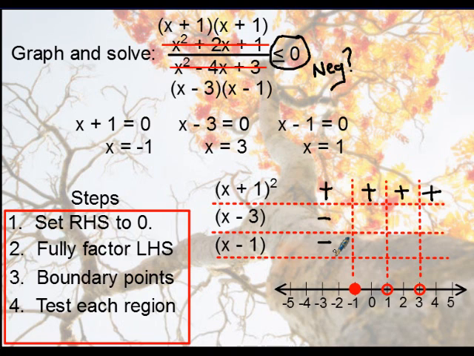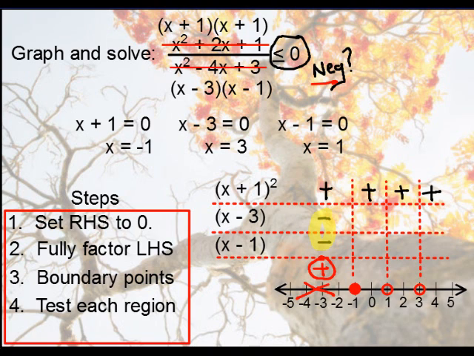Now consider, whether you're multiplying or dividing, the rules for signs are always the same. So if you have an even number of negatives, and we do here, the end result is going to be positive. So, is that what you want? No. Because of that, we're not going to shade in this region.